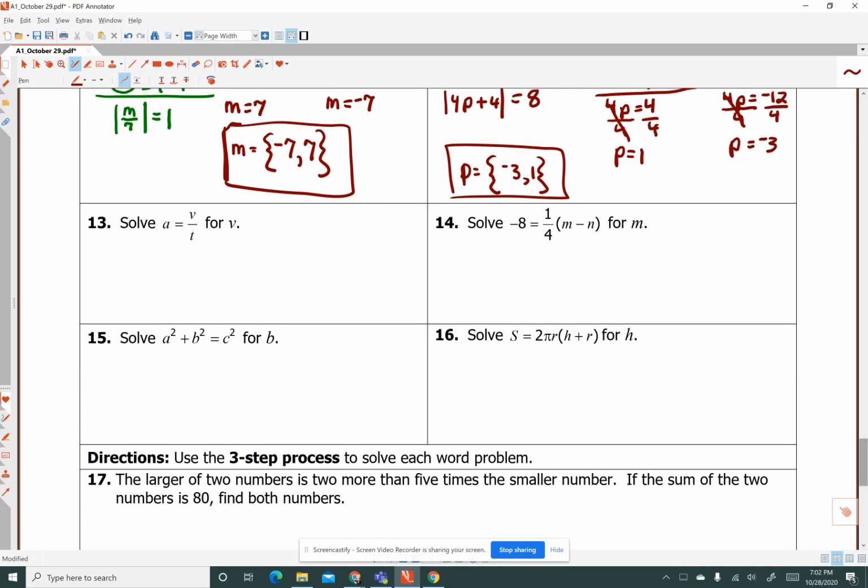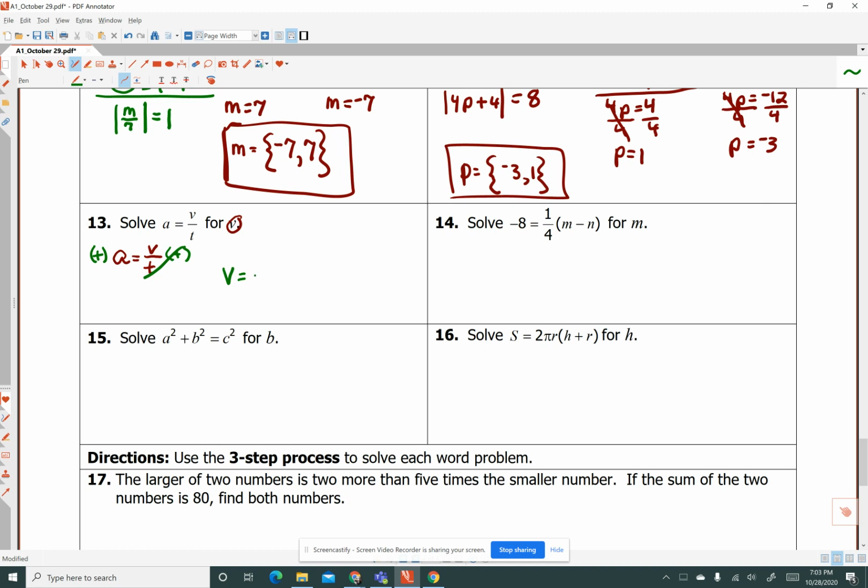The next four, number 13, 14, 15, and 16, are literal equations. So let's get started. We're solving for v. So if we have a equals v over t, and we're solving for v, what we want to do is multiply both sides by t, and our answer is v equals a t.